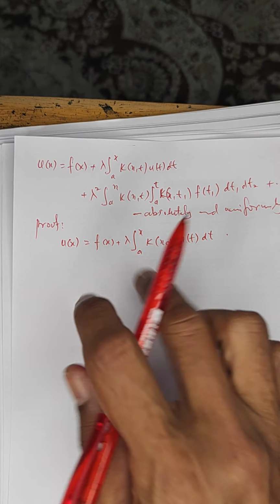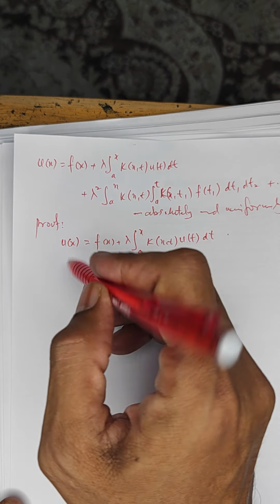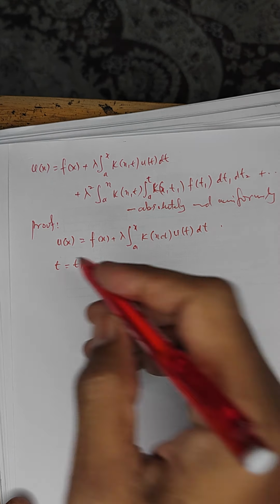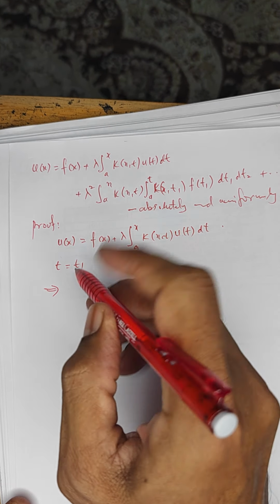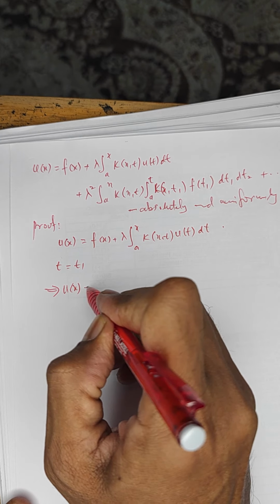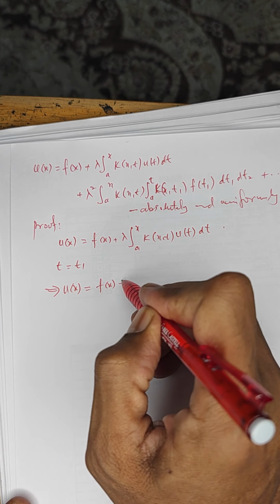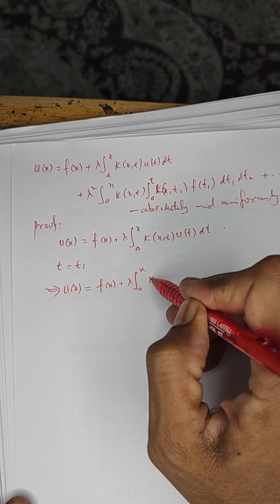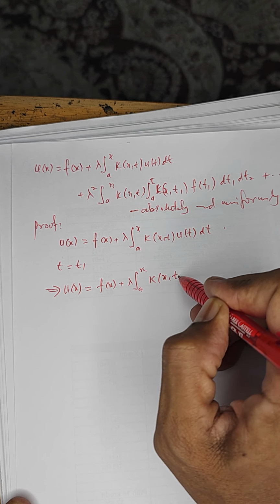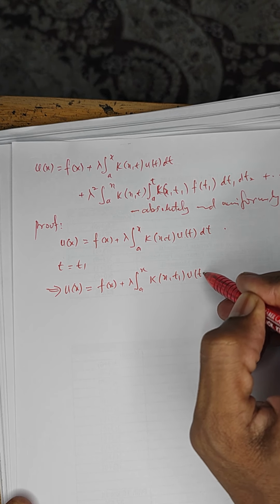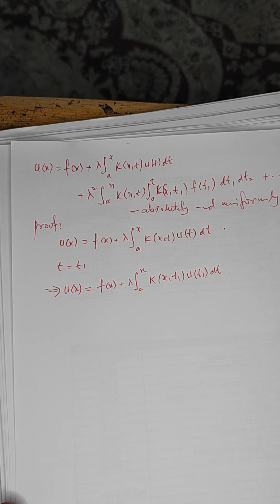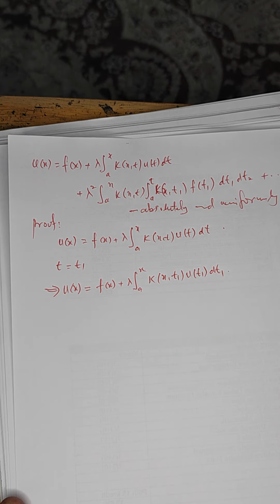If I change t with t1, what we have is that u(x) is equal to f(x) plus lambda integral from a to x of k(x,t1) u(t1) dt1.